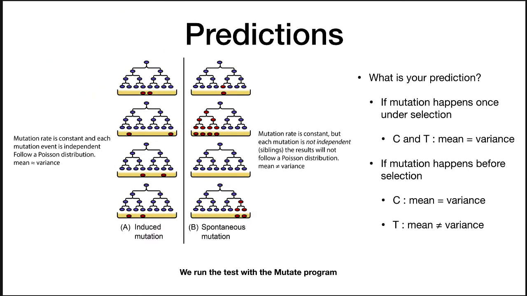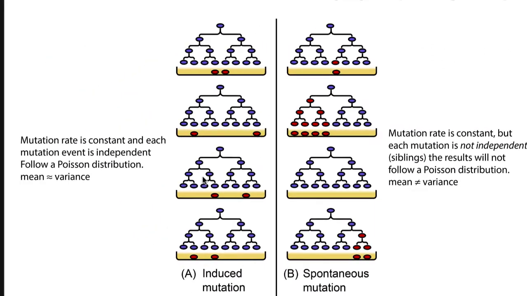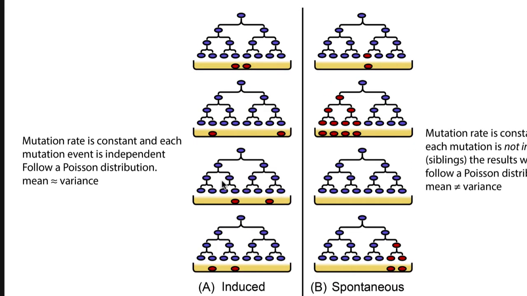In contrast, if the mutation is induced by the selective pressure, each change will be independent. As you can see here, no mutation is occurring during the outgrowth. They're occurring once they sit on the plate, and they're all independent from one another. So an equal portion is spread on each plate, and each cell in the population has an equal chance of mutating to phage resistance.